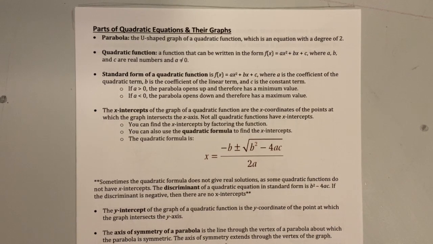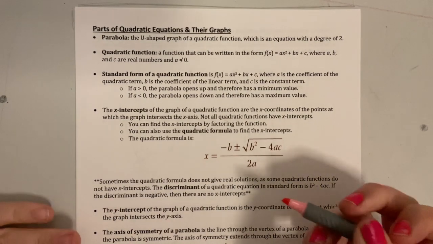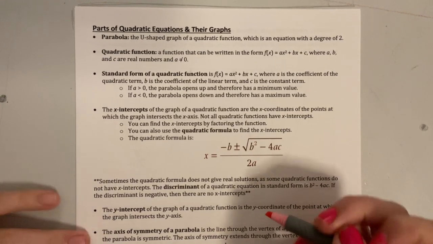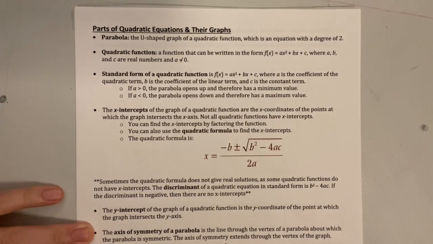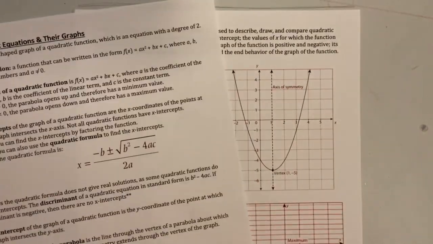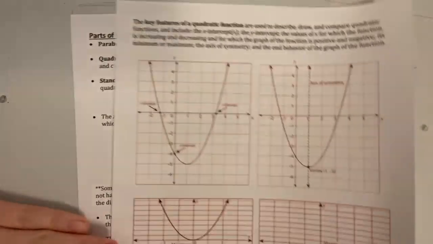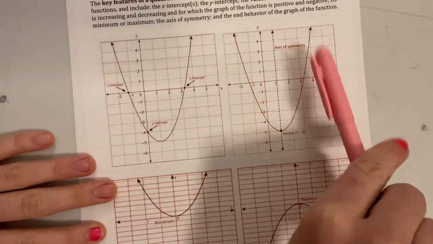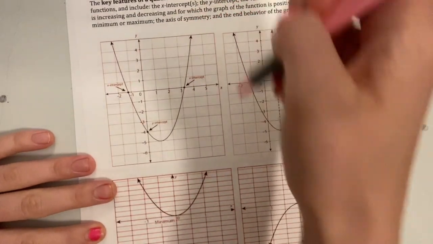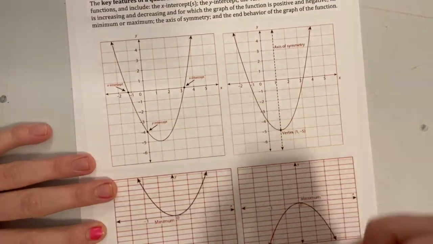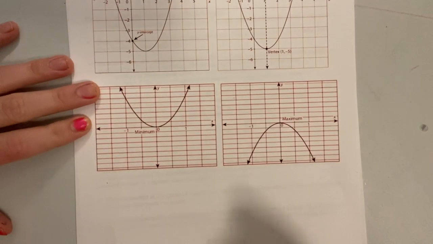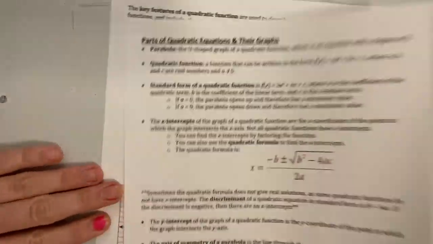So our first vocab word is a parabola. A parabola is just the U-shaped graph of a quadratic function. On the second page, I have four parabolas. It's just a U, whether it's an upward facing U or a downward facing U. That's called a parabola.